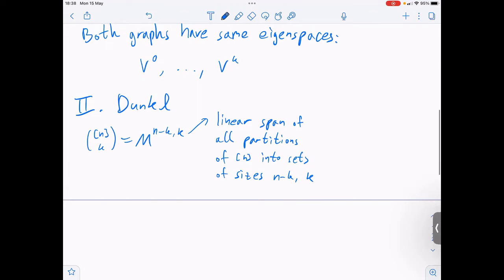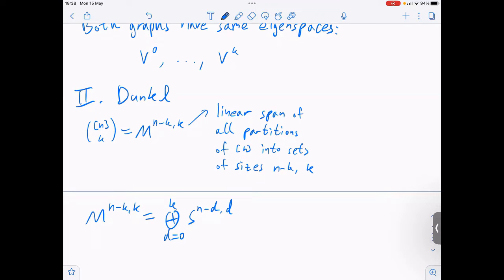Now, from the classical representation theory of the symmetric group, worked out more than a century ago, we know that this thing decomposes as follows, as a sum of the so-called Specht modules. Which, as we go on, we'll actually describe. And as it turns out, these modules are the same as these eigenspaces that we mentioned above.